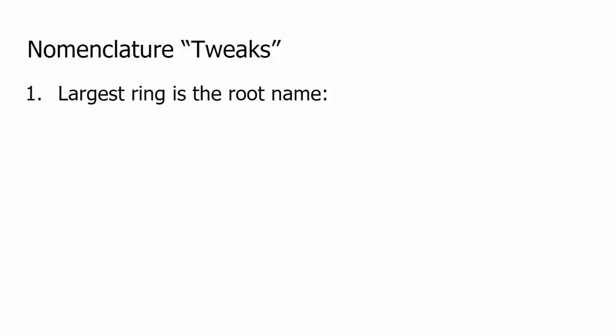So instead of having the longest chain, I'm going to have the largest ring as the root name. If I start with the smallest ring I can have, which is a 3-carbon ring, I'm generally going to write it in a much more condensed form, so I'm not going to include the hydrogens or the carbons for that matter. Every point there is a carbon atom and the hydrogens are implied, so I draw a triangle and I call that a cyclopropane.